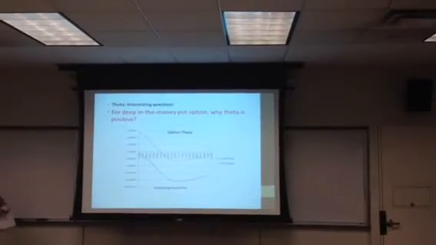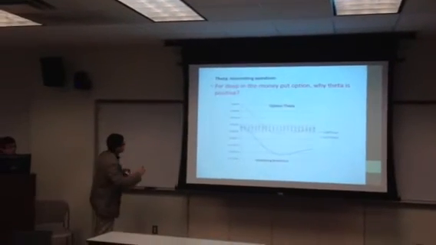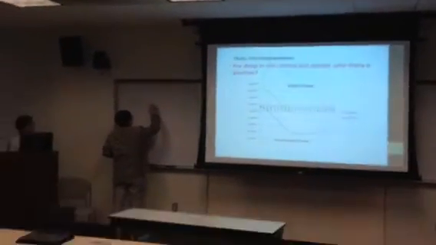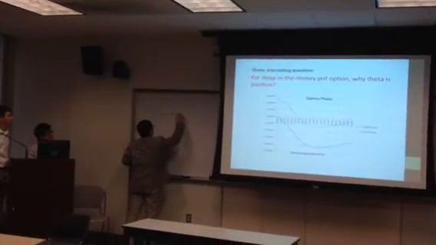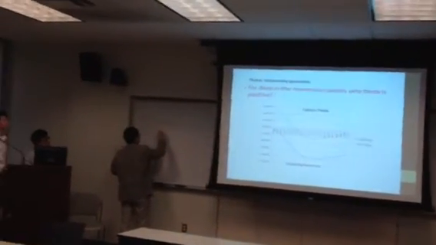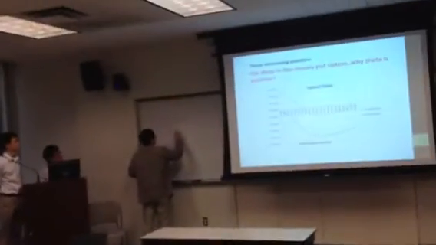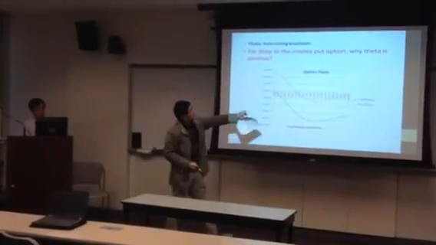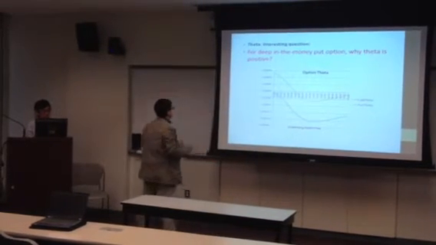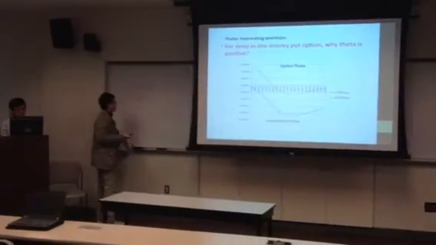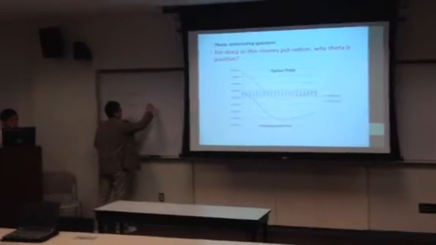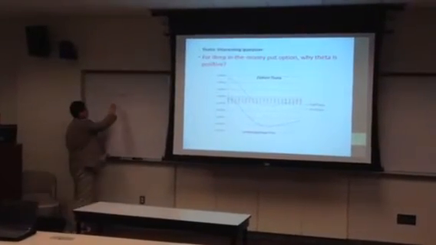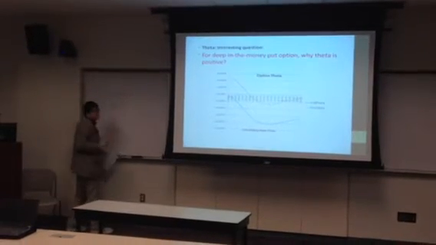We always say that the value of option has two values: intrinsic value plus time value. Okay, let's see here. The put option is deep out of the money here. So as time goes on, the time value will decrease. There's no doubt the time value will decrease, right? But intrinsic value, it will be constant.